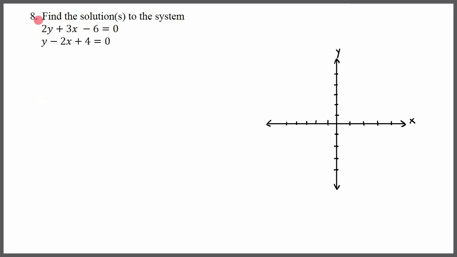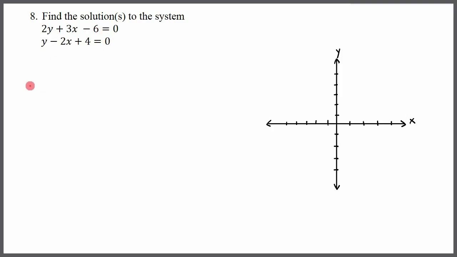Okay, for our final problem, once again, we're going to find the solution to the system 2y plus 3x minus 6 equals 0 and y minus 2x plus 4 equals 0. Once again, I'm going to put these in slope-intercept form.